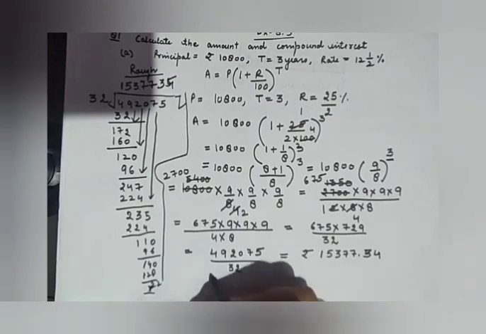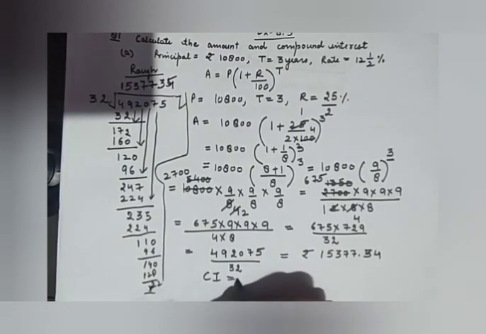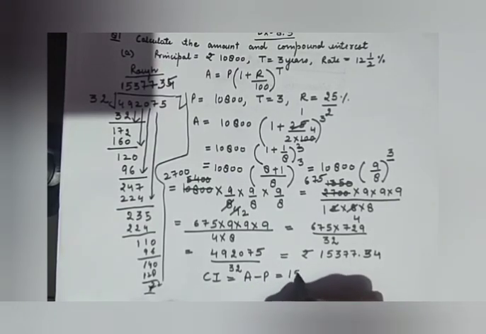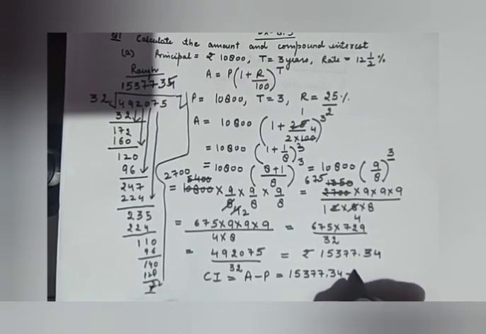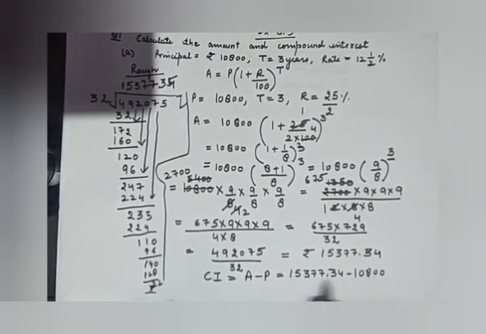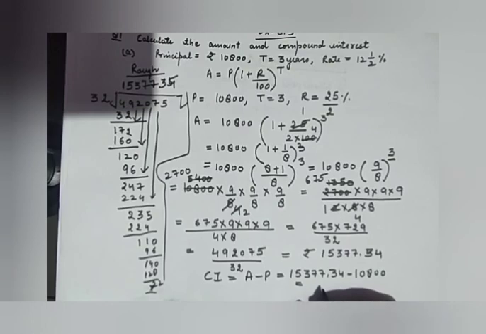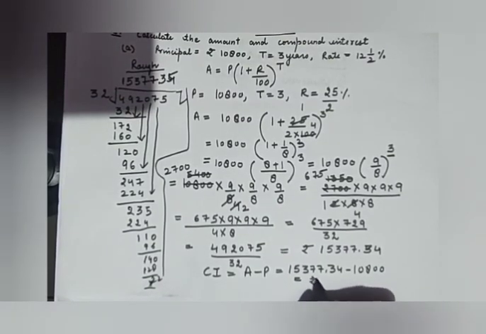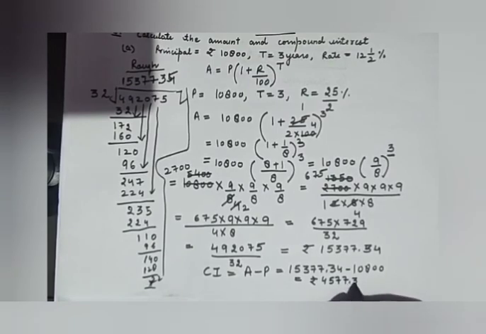But I have to find out my CI also, and I hope you know that the formula for CI is A minus P, that is 15377.34 minus 10800, right? So the answer will be rupees 4577.34. So this is all about the amount and compound interest for part A.